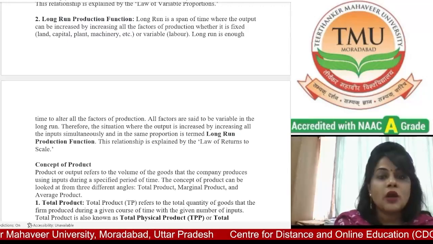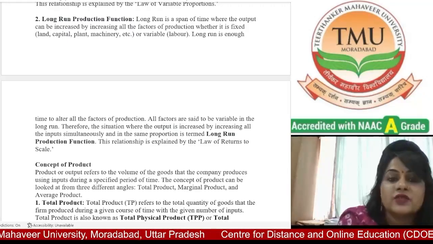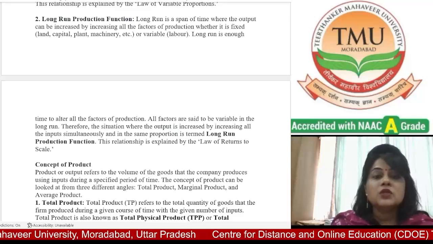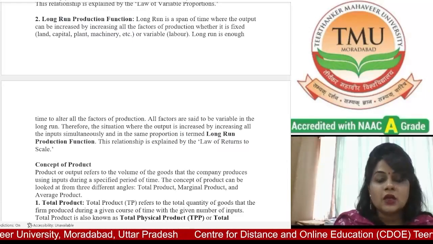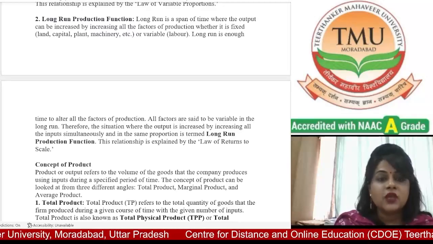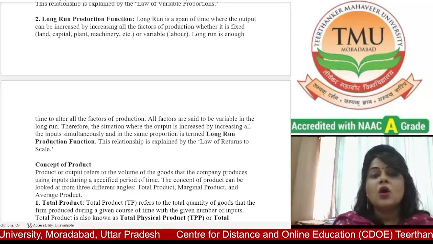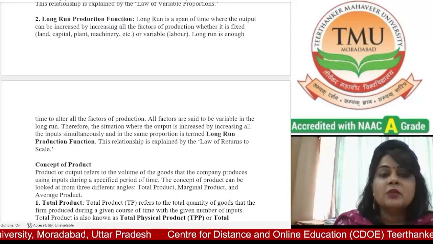It describes the maximum quantity of goods or services that can be produced via a set of inputs, assuming that the firm is free to adjust the level of all inputs.